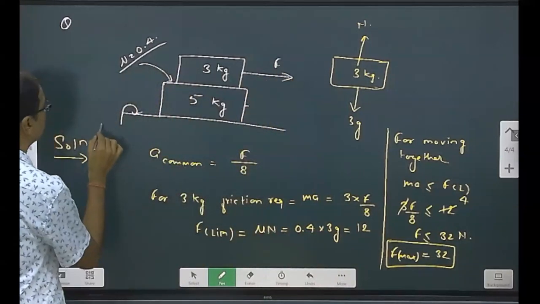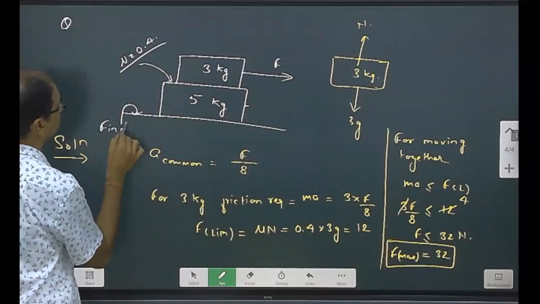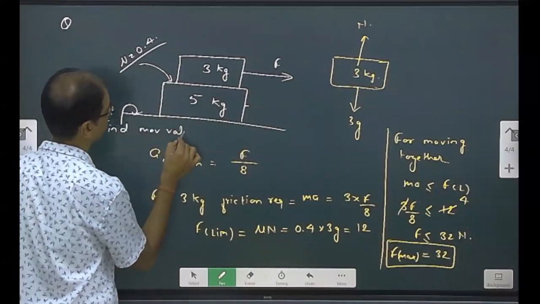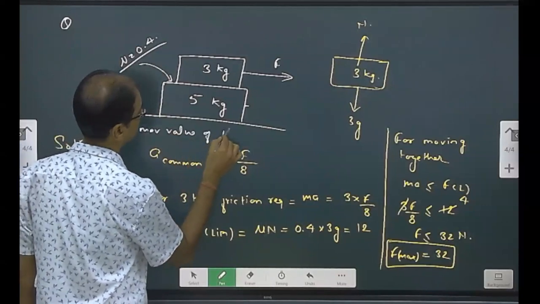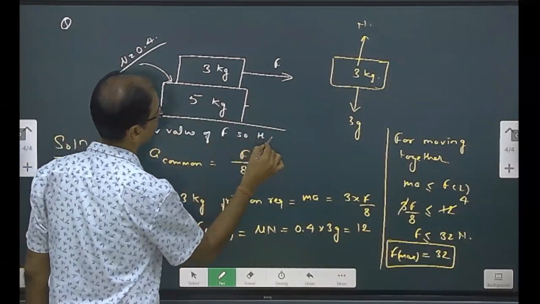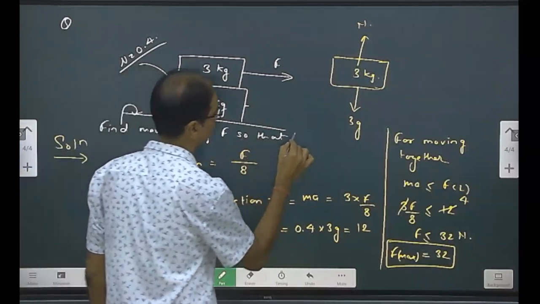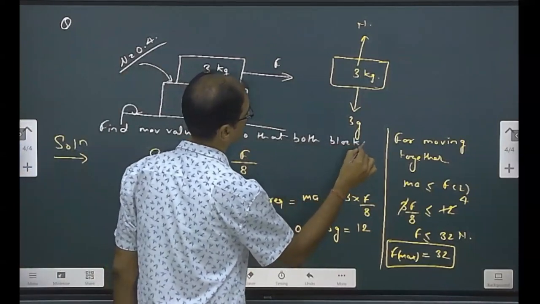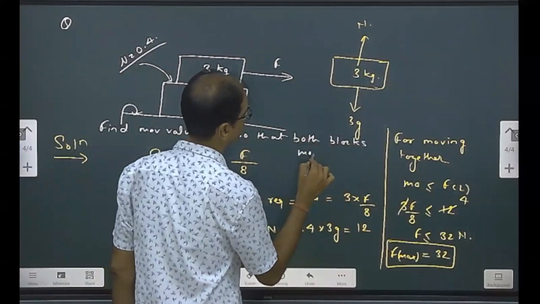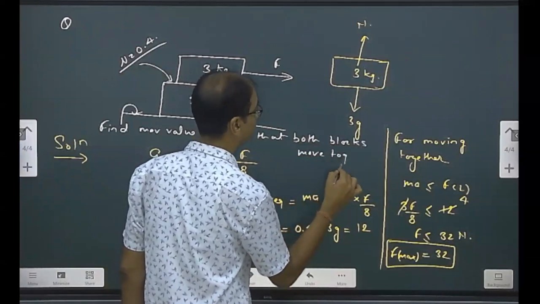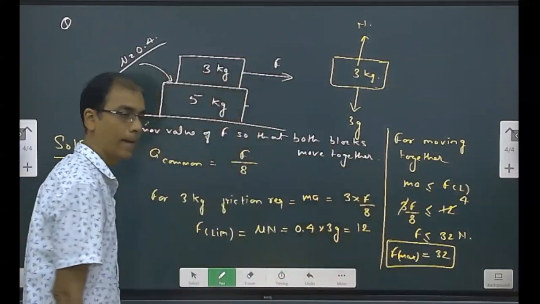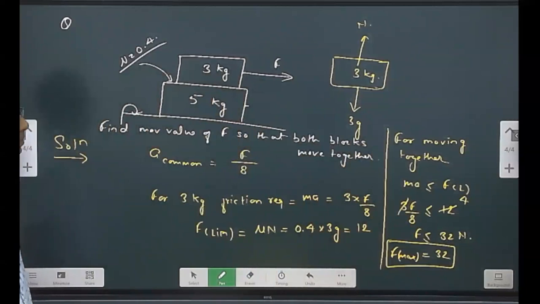Find the maximum value of force F so that both blocks can move together. Okay, you are finding it. Come on, start doing it and tell me what the answer is.